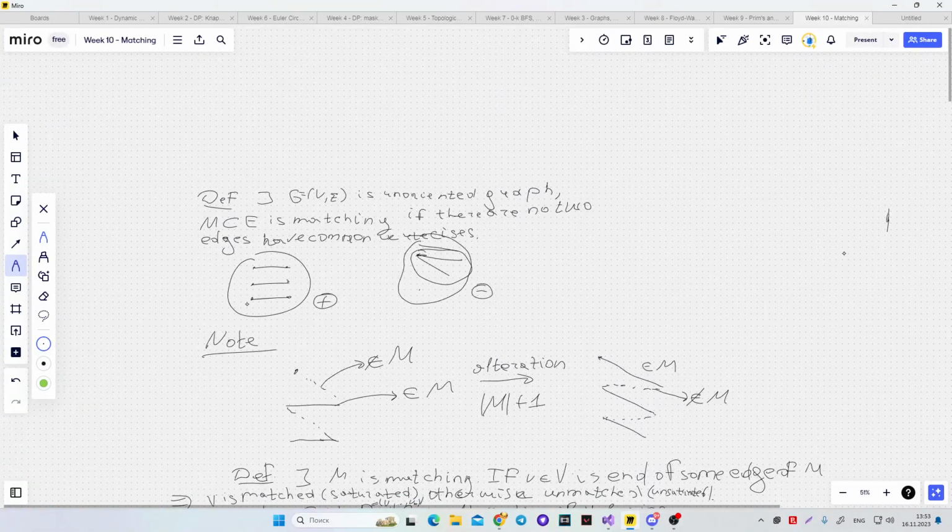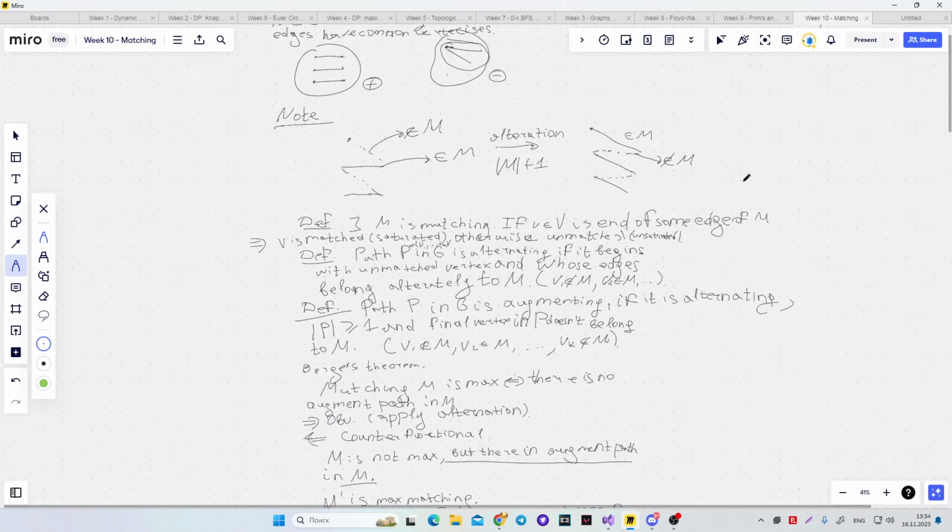Matching in a graph is a set of edges where no two edges have a common vertex, and we considered the alternation operation that allows us to increase matching.